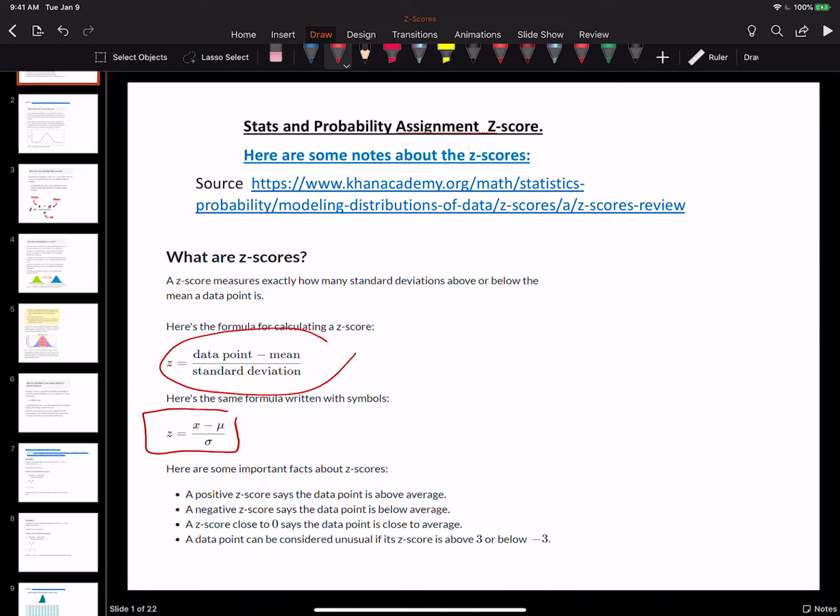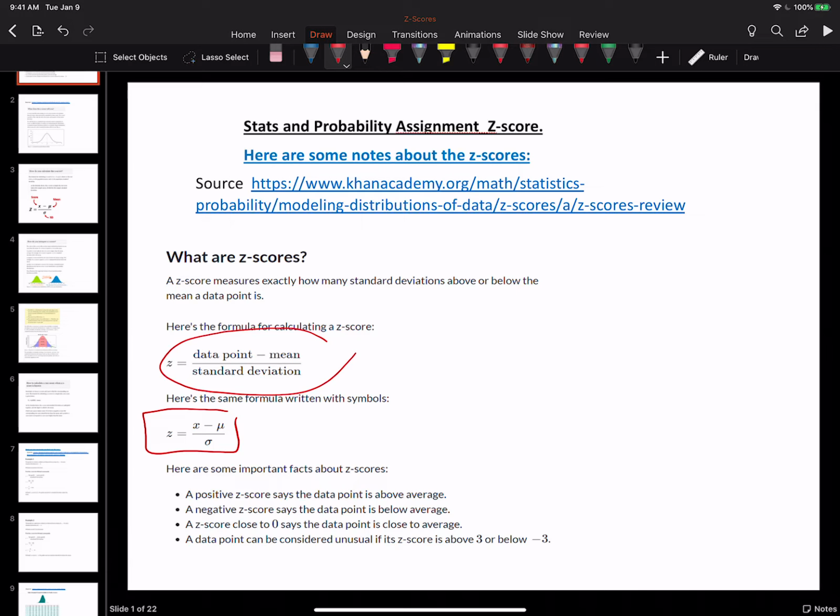Some important facts about the z-scores. A positive z-score means the data point is above average. So if we're looking at scores, and if you have a z equals 1, that means you're above average. If z equals -1, that means you're below average. If z-score equals 0, that means you are representing the average of the class.